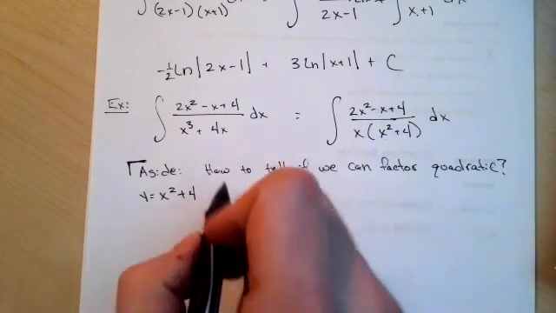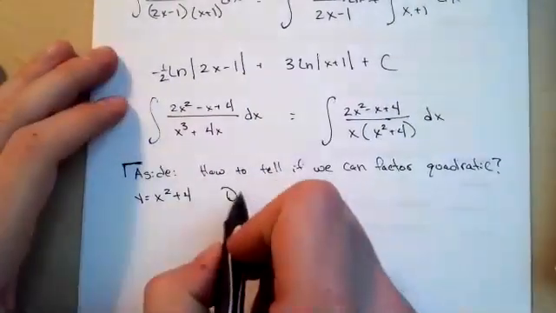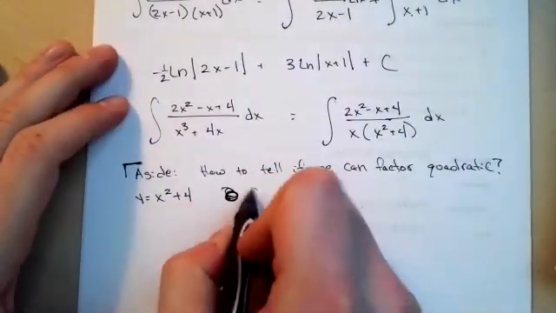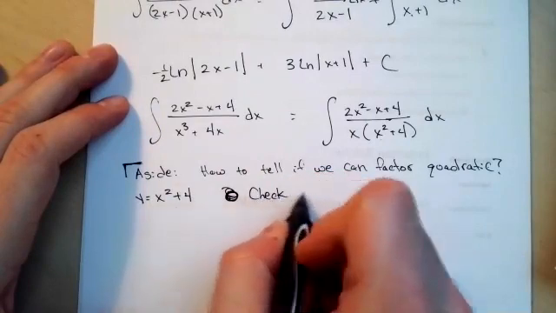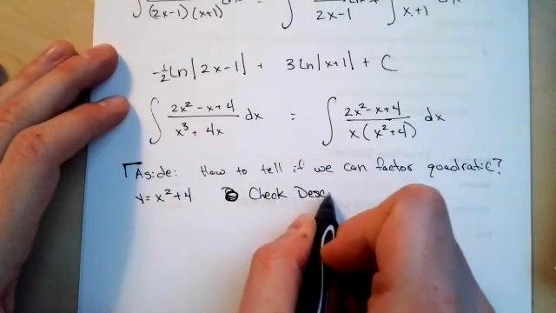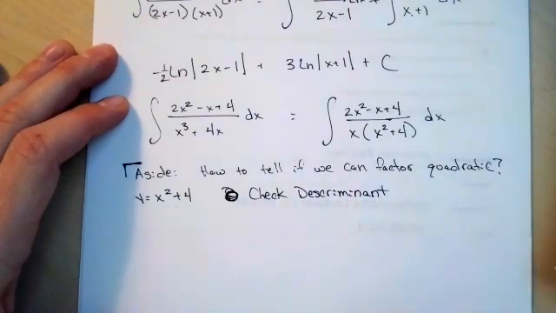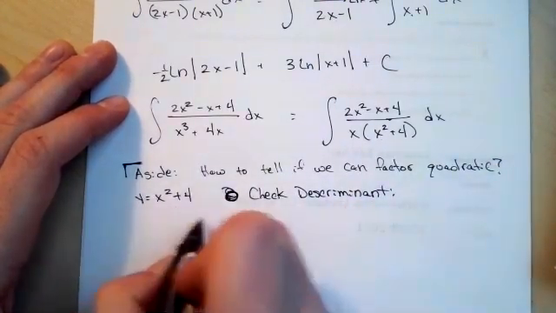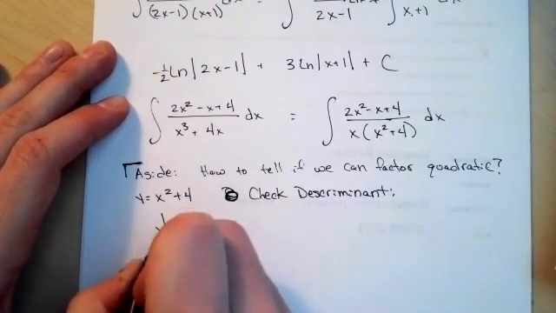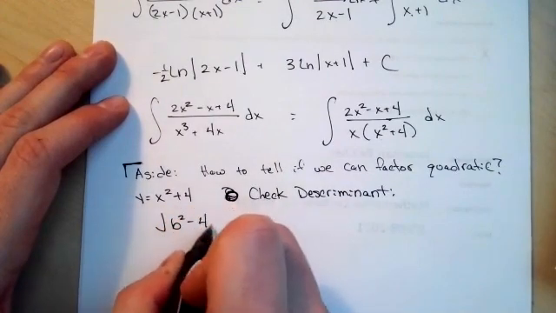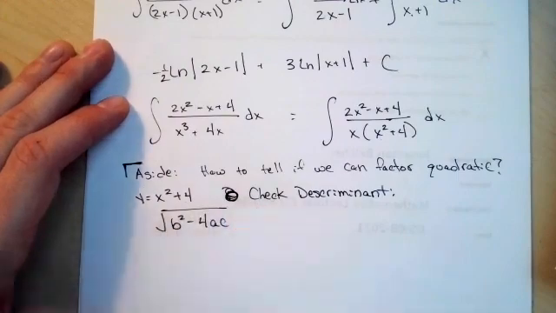The other thing you can do is check the discriminant. What is the discriminant? It's this guy.